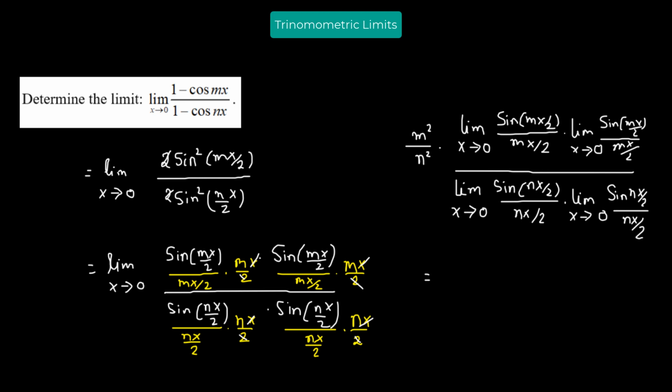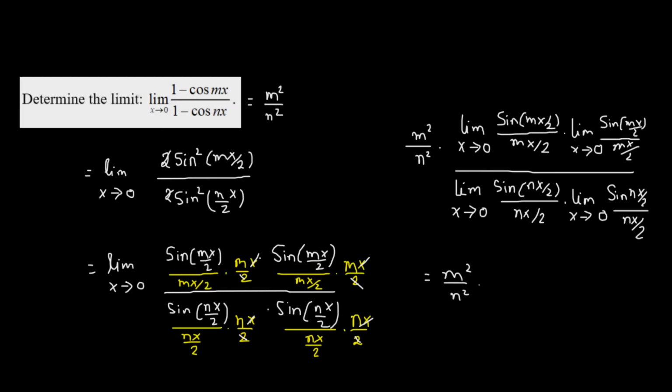So we finally have m squared over n squared, and all the limiting values will be equals to 1 as per the definition. So this is the final value. So our limit is equals to m squared over n squared when x tends to 0.